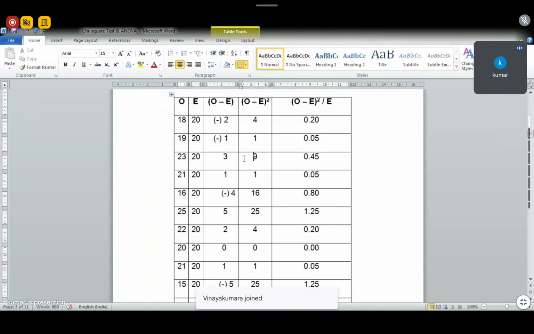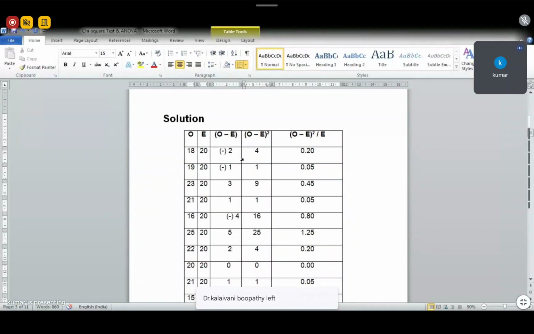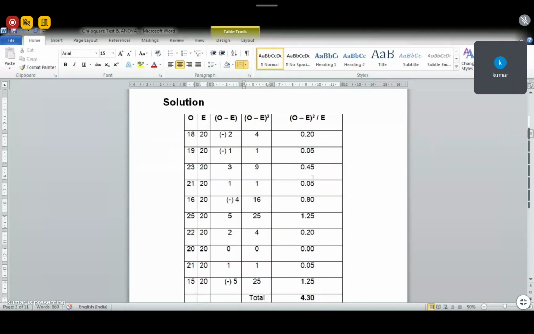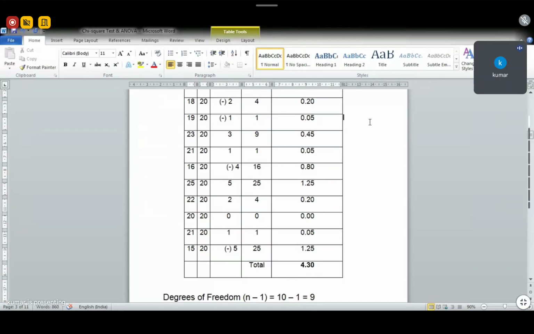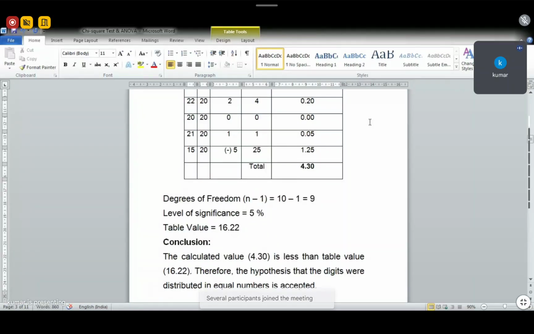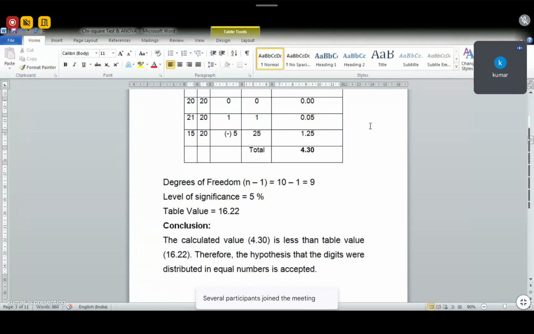You can go through it from the table on the screen. I think it is visible clearly. So finally, the total is 4.30. Then degrees of freedom: we have only one column, so C minus 1. In the column, we have 10 values, 10 minus 1, 9 degrees of freedom.